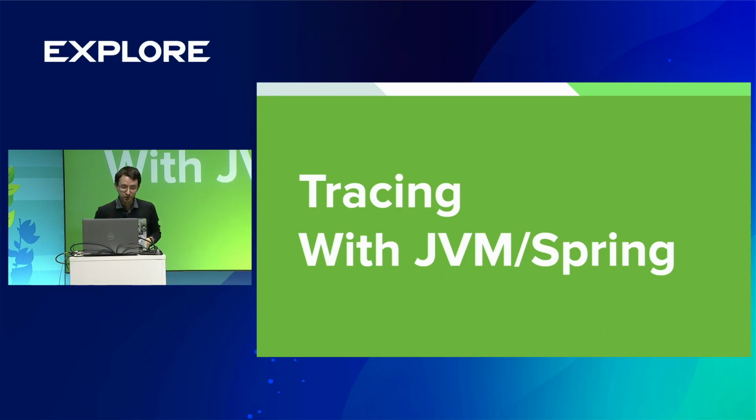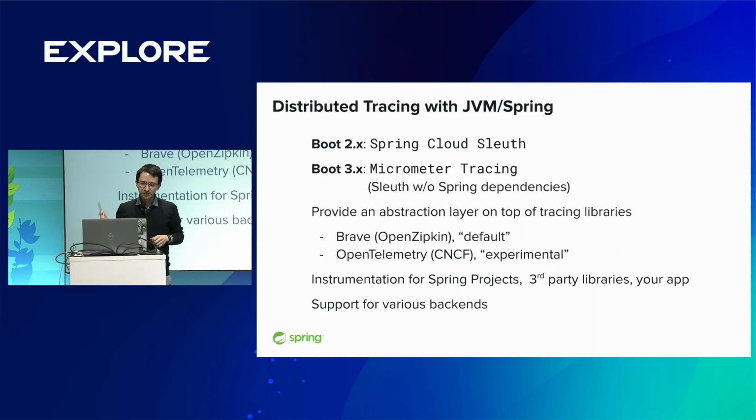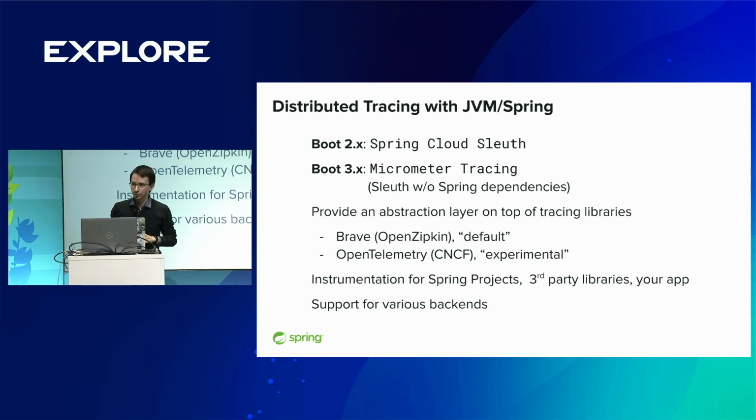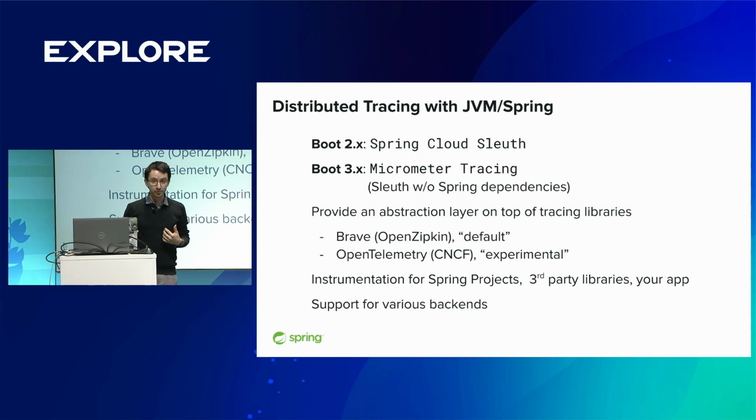If you want to implement distributed tracing with Spring on the JVM, we need to make a distinction here. Who is still using Boot 2? No one? Awesome, thank you. But if you would, then we would recommend using Spring Cloud Sleuth. That is the distributed tracing support for Boot 2 applications.